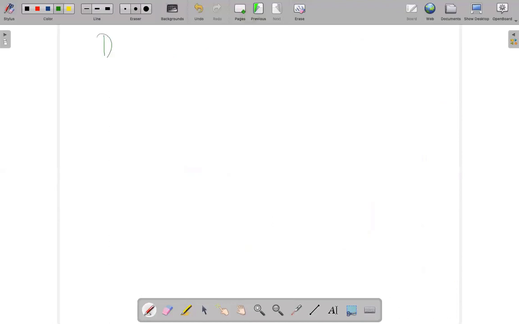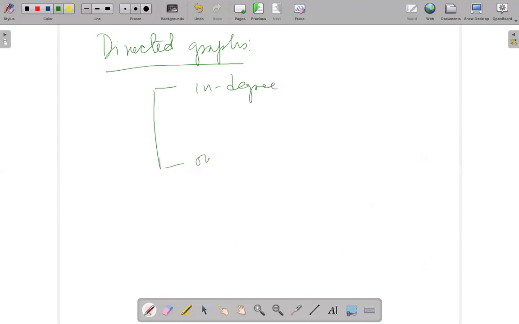In directed graphs, again, there are two types of degrees, the in degree and the out degree.